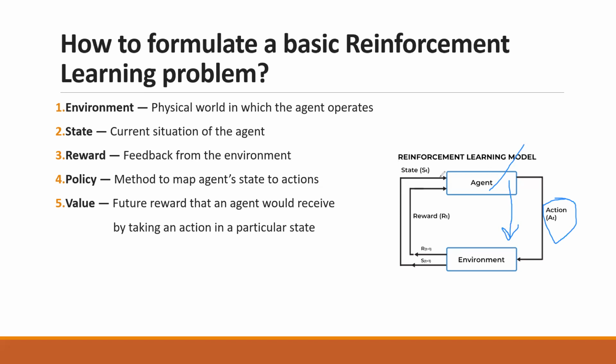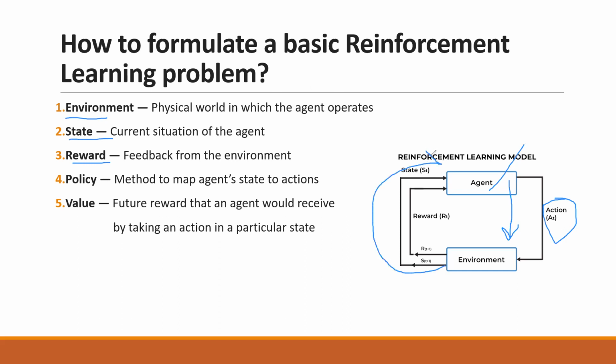S is the state, which helps us to move from one state to another state. Here I have mentioned it. First is the environment in which the agent is operating. Second, the state: what is the current state? Reward, which is the feedback from the environment. A policy. Now, what is a policy? It helps us to map an action to a particular state.